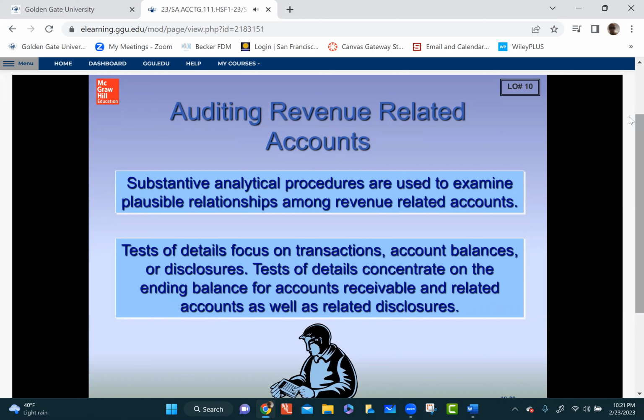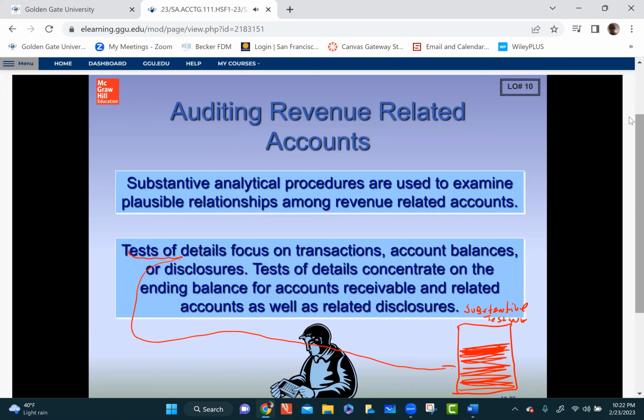Okay. All right. So let's take a look at this slide here on auditing accounts receivable. And remember, and I've put this little graphic up a few times, that if this rectangle represents my substantive procedure, my substantive testing, then I could have quite a bit of this rectangle filled in as test of details.